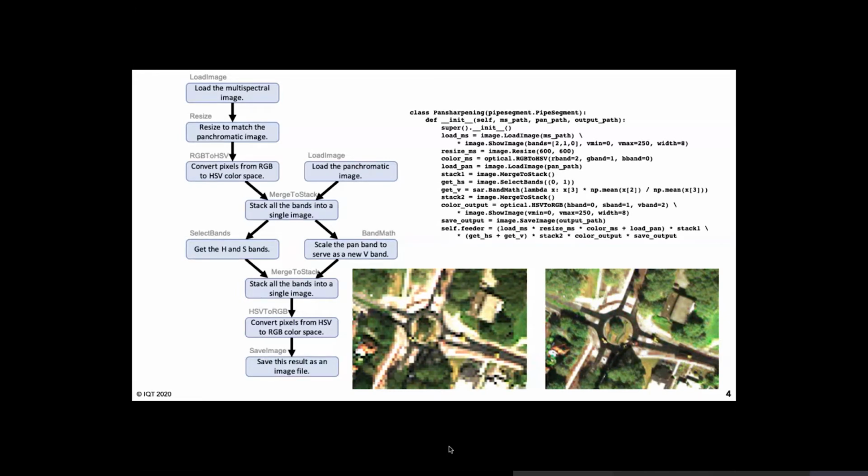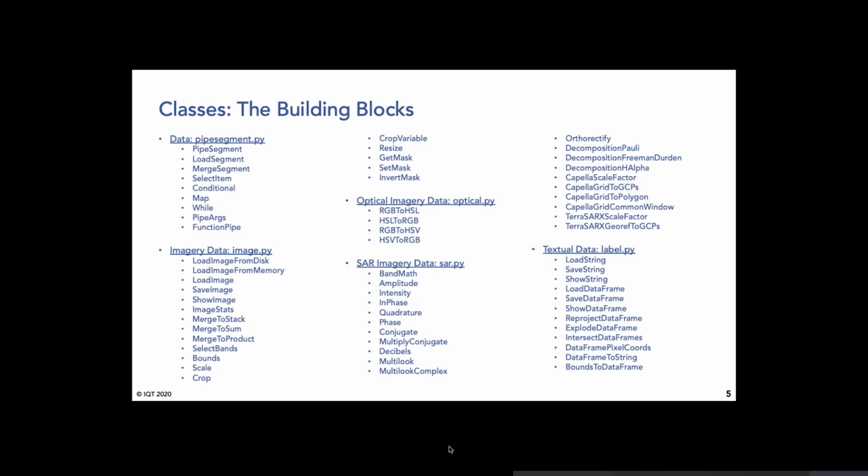Step 1 is, as I said, creating an object for each task or each block in the flowchart. The options for doing so come from a pretty extensive menu. Here's the list of all of the classes that are in the library, and they're thematically organized into 5 modules.